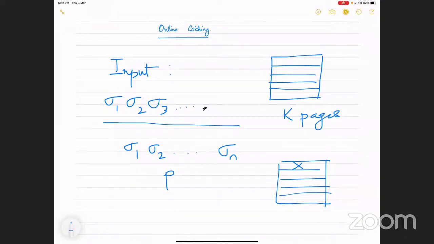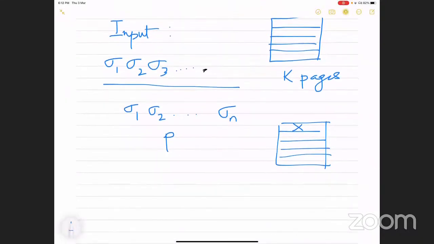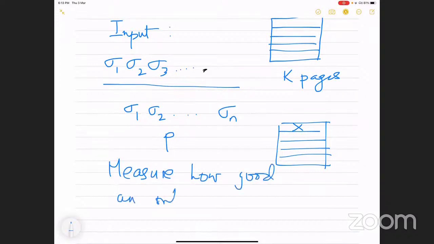And how do you measure how good an online algorithm is? Let's say in the setting of caching, but this is true for any online algorithm.